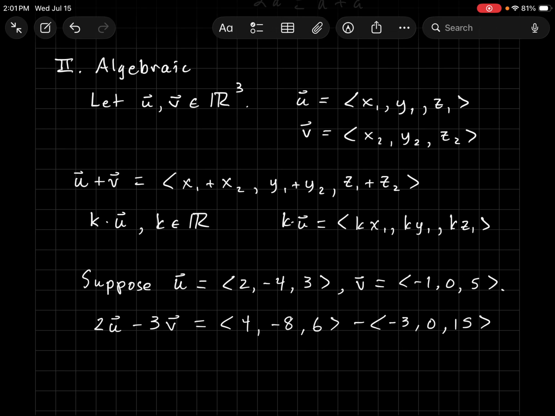And then I'm going to subtract them, which means I'm going to subtract like components. So I'm going to do 4 minus -3, -8 minus 0, and then 6 minus 15. And I get the new vector <7, -8, -9>.